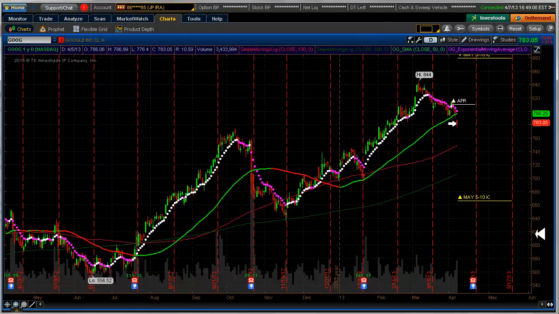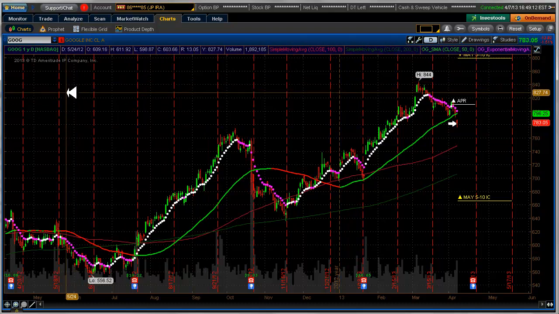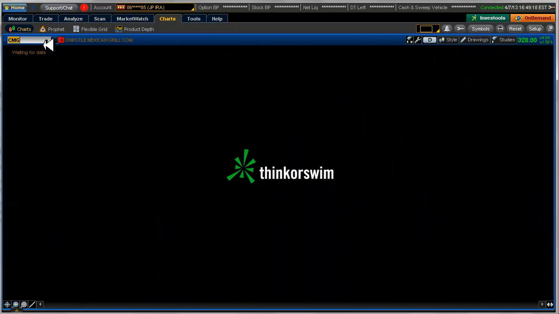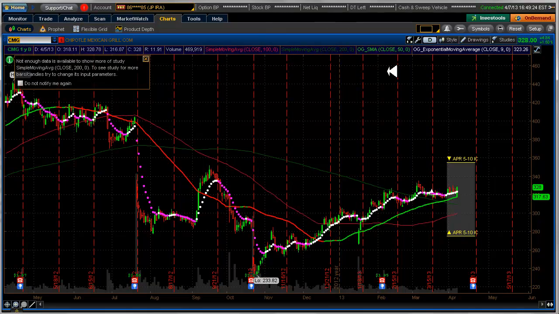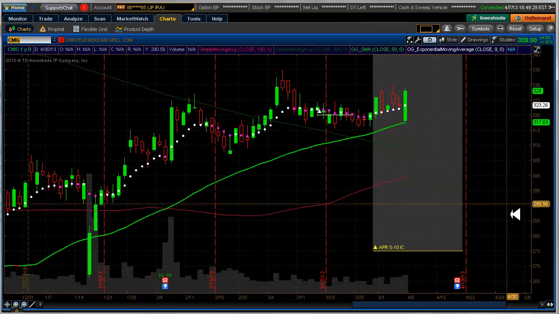Okay, and then I wanted to show you, that's Amazon and Google, and then I wanted to show you Chipotle, which I put on the 27th or the 28th of March. Back here on this date, let me zoom in here a little bit.